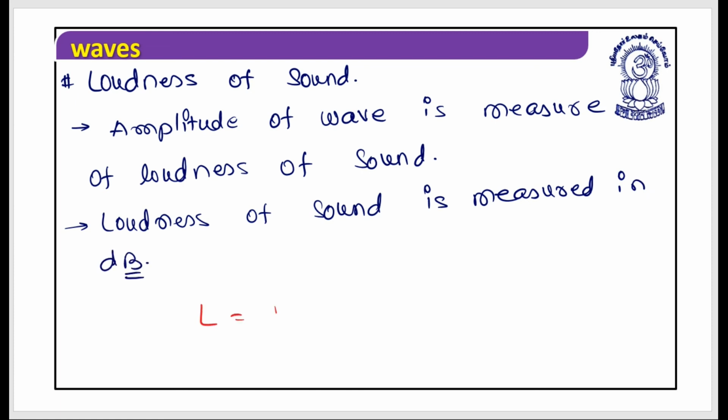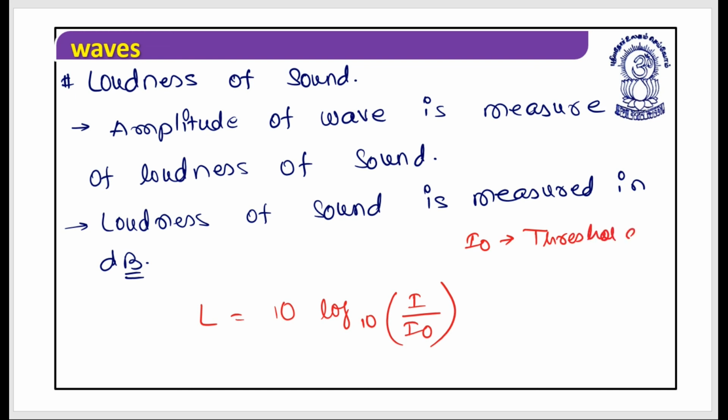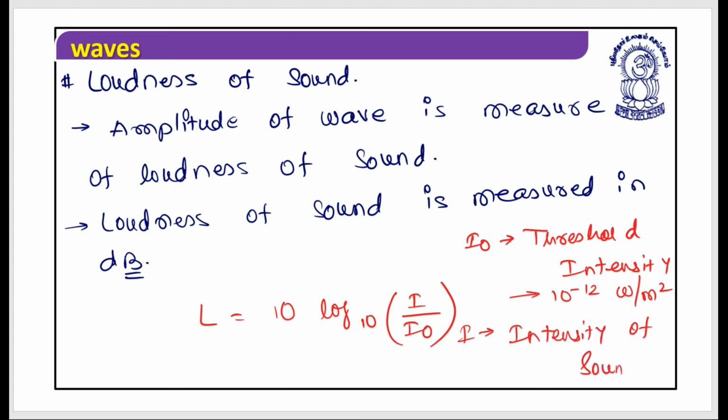Its formula is L is equal to 10 log to the base 10 of I by I naught, where I naught is the threshold intensity, which is equal to 10 to the power minus 12 watt per meter square, and I is the intensity of the sound wave. This is the loudness of the sound.